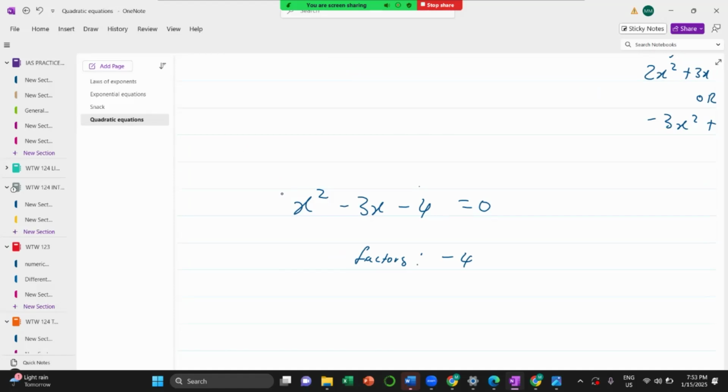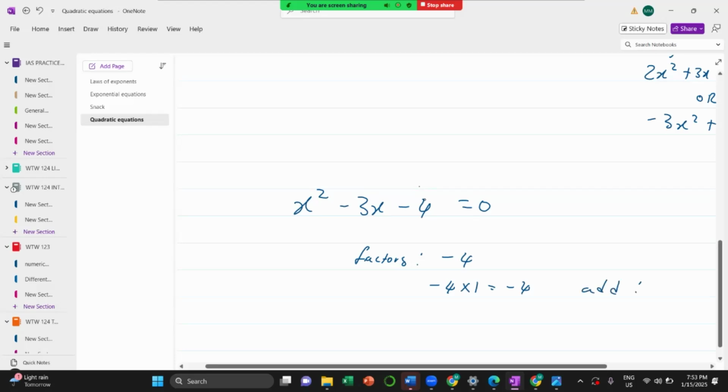Okay? So you know that the factors of -4 can be -4 times 1. What happens when you add these factors, 1 and -4? You get -3. Is that okay?